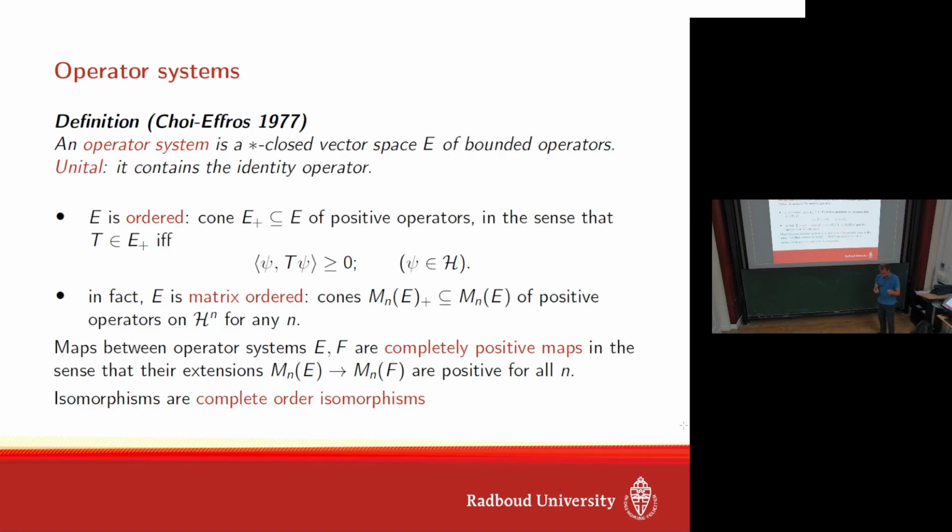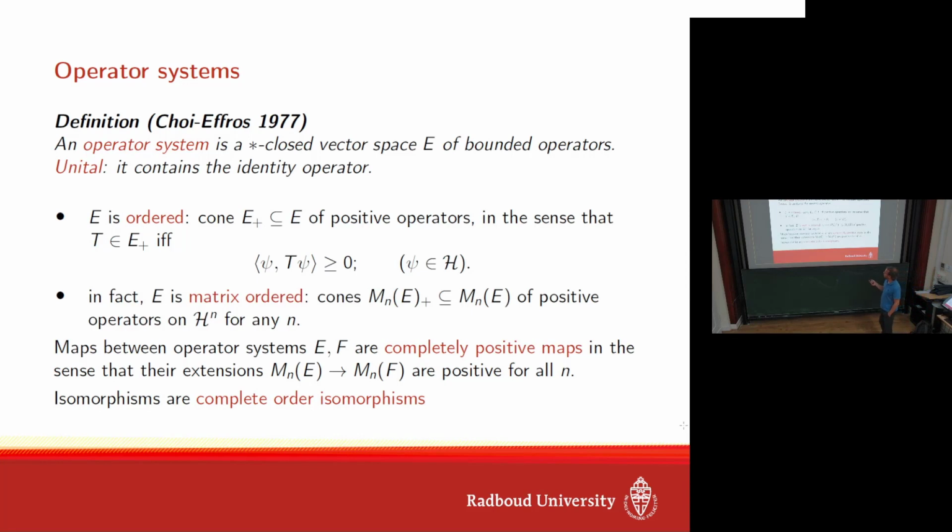Because actually you can amplify E into n by n matrices with values in E, and that would act on n copies of H, my Hilbert space. And then I can still view them as operators there and also talk about positive operators there. And that's this cone M_n(E)^+. So I have all kinds of matrix cones sitting in this M_n(E) that play the crucial role for the structure of the operator system.